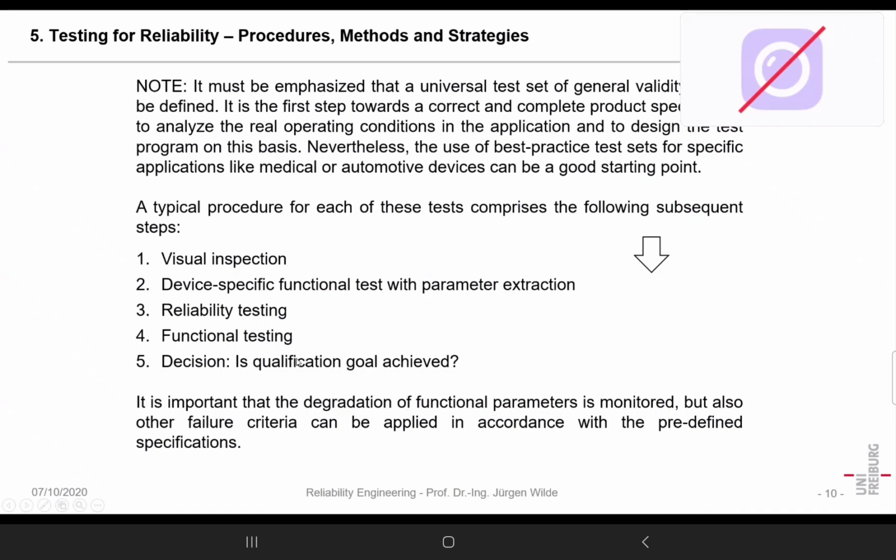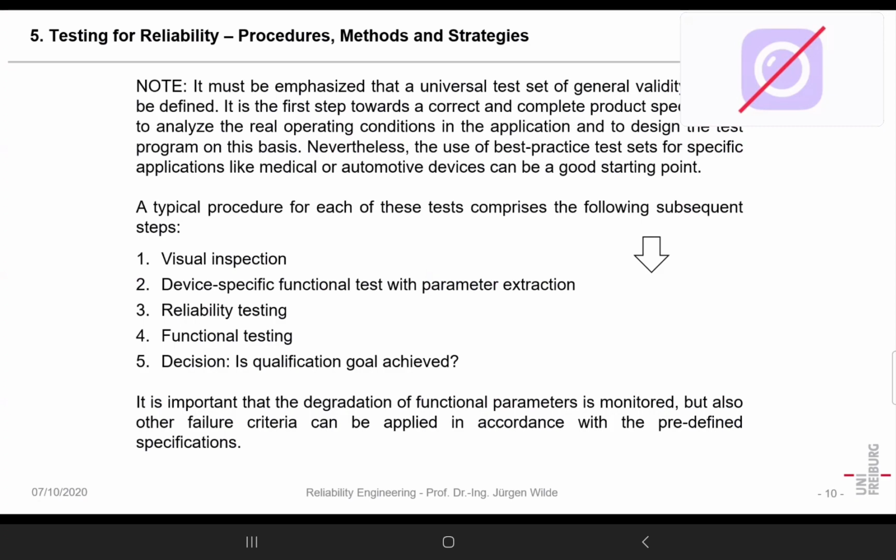And in the end, there is a decision: is the qualification goal achieved? The degradation of functional parameters on the device level must be monitored, and other failure criteria can be applied. Of course, the most important failure criterion is when the device is dead, when it's not working anymore.